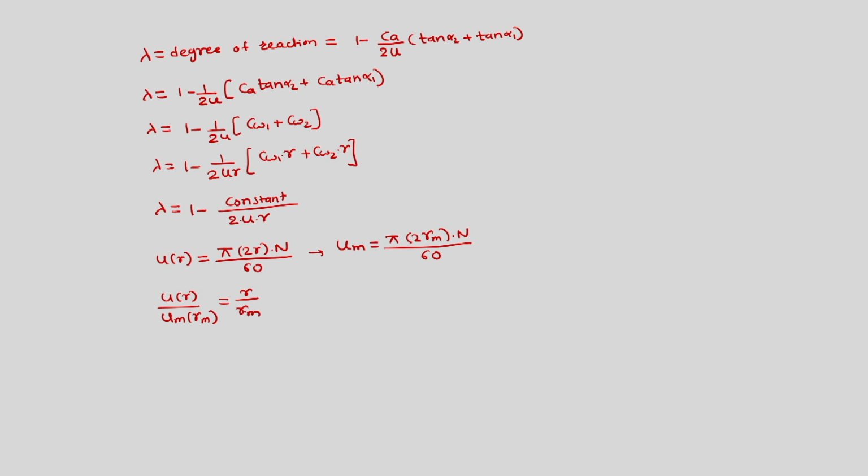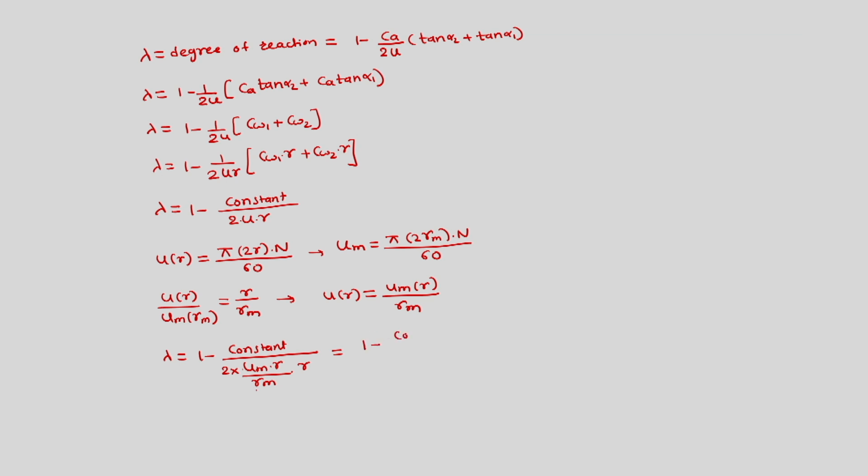So we can have u at any R equal to um into R divided by Rm. We will put it in the expression of lambda, and we can get constant divided by 2 into um into R divided by Rm into R. Here the mean radius and mean blade speed would be constant.